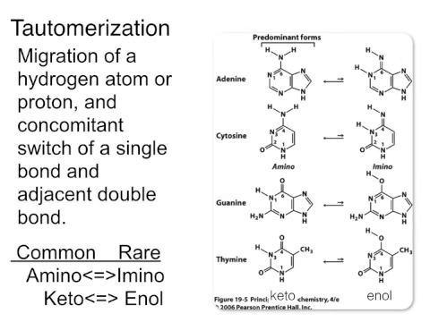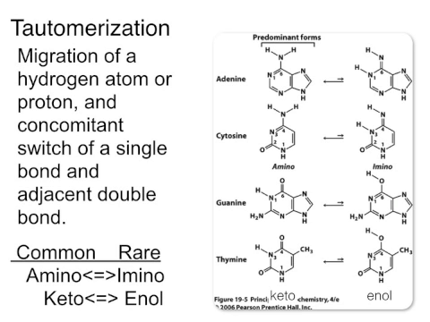And so tautomerization is the migration of a hydrogen atom or a proton and a concomitant switch of a single bond and an adjacent double bond. In this diagram, we see the predominant forms on the left and the more rare forms on the right. And in each case, whether we're going from an amino group to an imino group in adenine and cytosine, or from a keto group to an enol group in guanine and thymine, these changes in configuration cause differences in hydrogen bonding patterns.